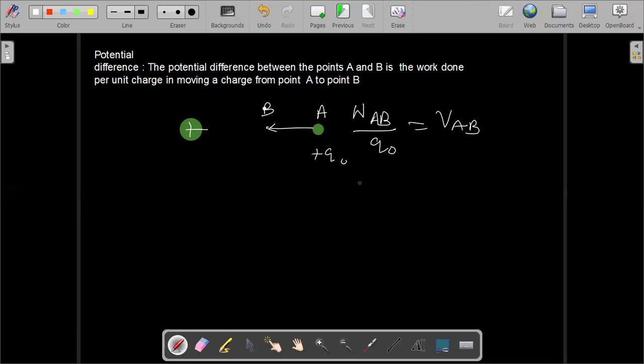So the potential difference between the points A and B will be equal to the work done from A to B per unit charge.